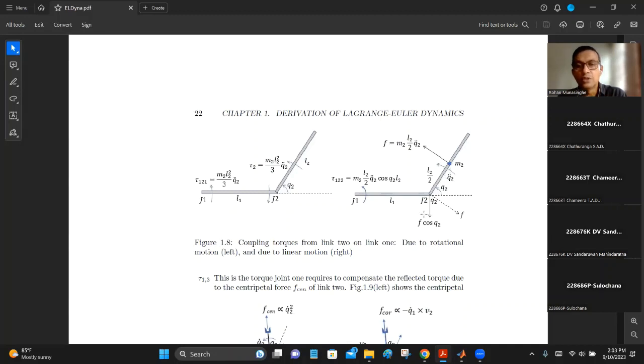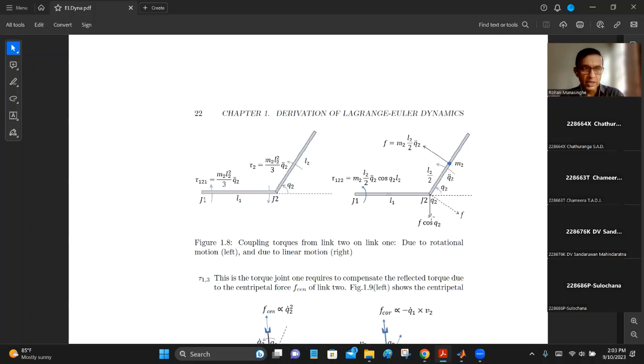As you can see over here, this is the reflection force F, the same force but in opposite direction. You resolve it into two components, horizontal and vertical in this configuration, but horizontal means actually along link 1. Vertical means normal to link 1.